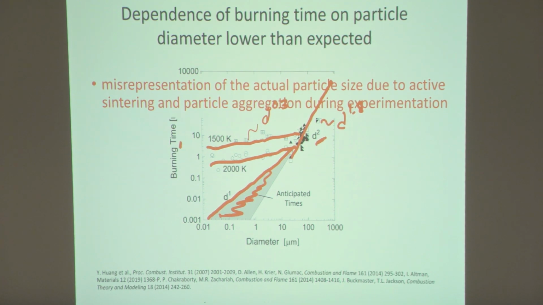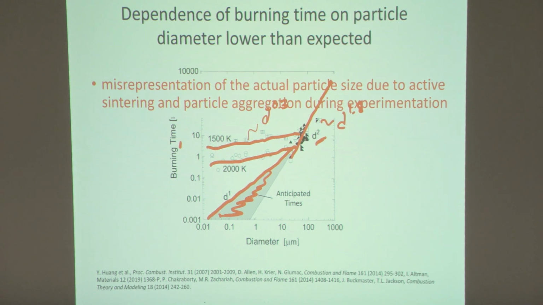Well, one reason is, just as I showed you, you could have a misrepresentation of the actual particle size due to active sintering and particle aggregation during the experiment. These experiments were conducted not in a composite propellant, but just in air or oxygen. So they were sort of isolated particles, but a lot of the time a nanoparticle is a string of nanoparticles. It's like a soot particle.